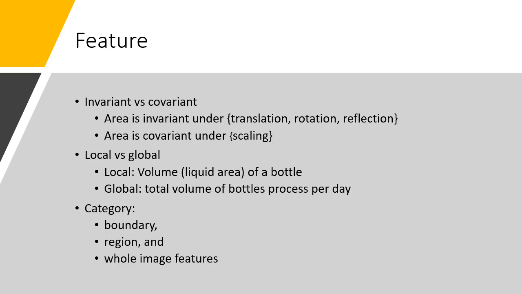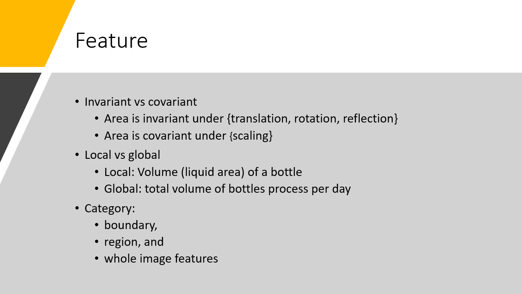Now, from the categorical point of view, we could distinguish features as coming from the boundary of the object, the region of the object, and the whole image. So we will continue our discussion with these categories.